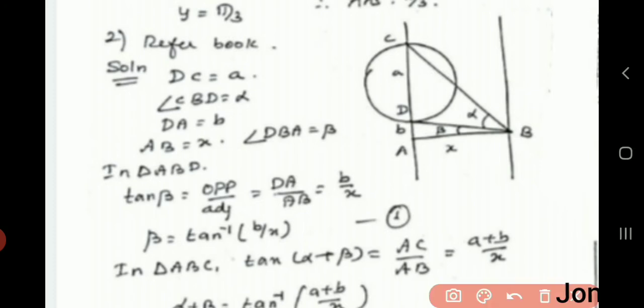The bottom of the green signal is b meter height from the horizontal level of the viewer's eye. If alpha denotes the angle subtended by the diameter of the green signal at the viewer's eye, then prove that alpha equal to tan inverse of a plus b by x minus tan inverse of b by x.